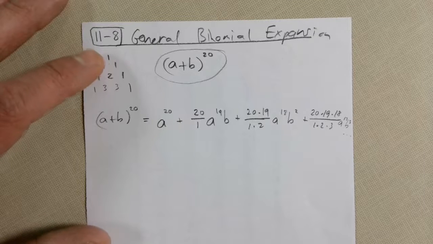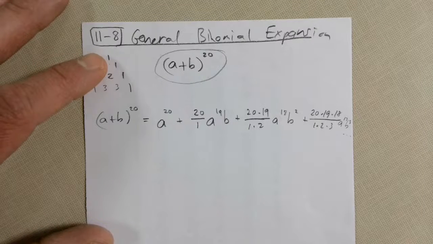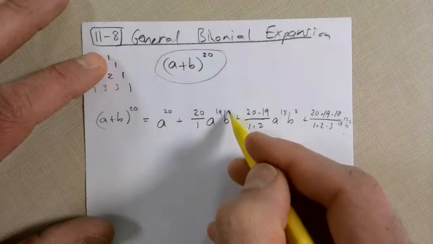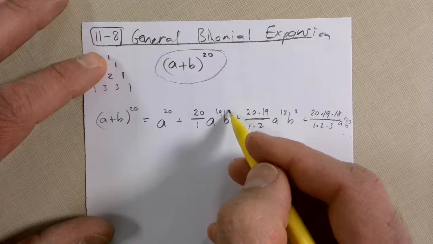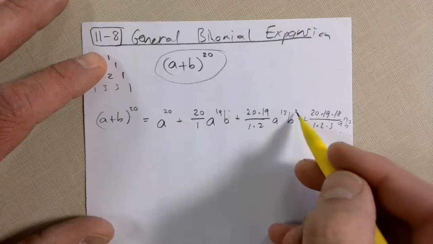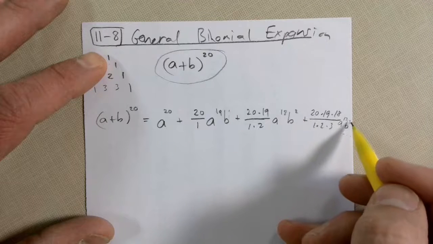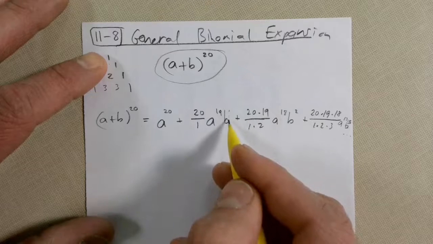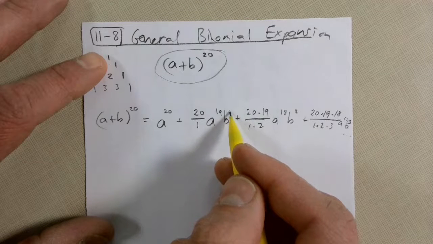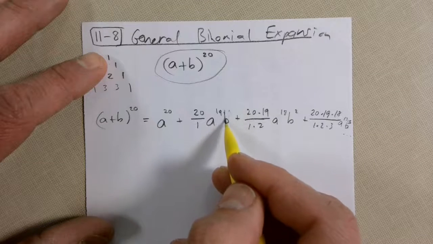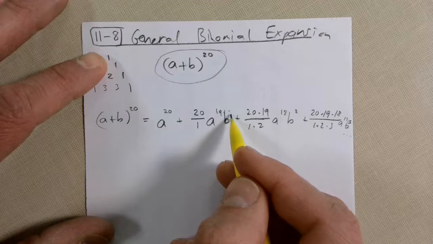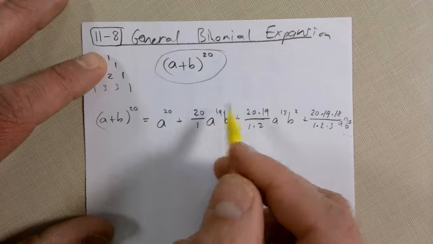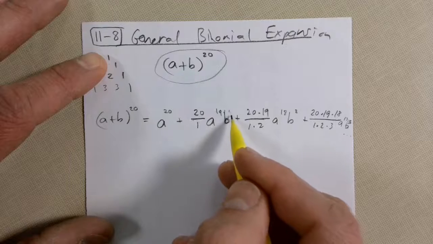Here's what you need to notice. The exponent of the b tells you how many factors there are in the coefficient.